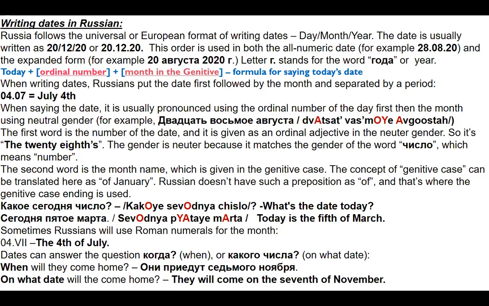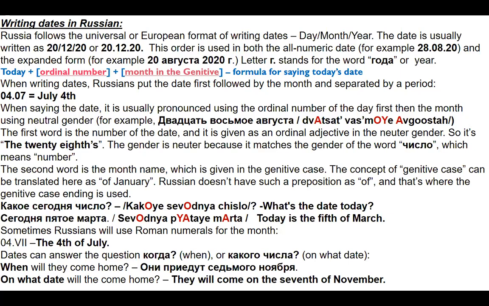The genitive case can be translated here as 'of January.' The Russian language doesn't have such a preposition as 'of,' and that's where the genitive case ending is used. So today's date is the 30th of July. In Russian, it is 30 июля. We use the stem of the word июль and add the ending я.